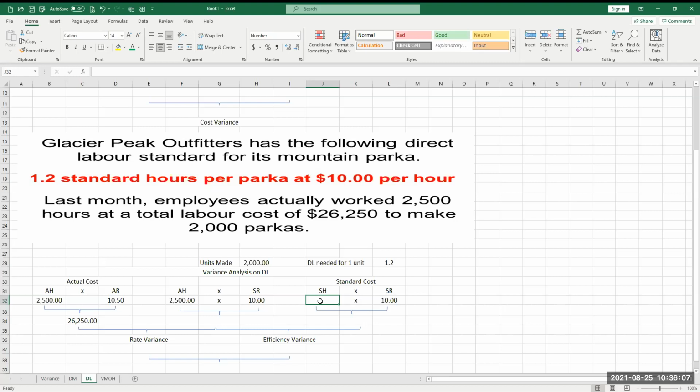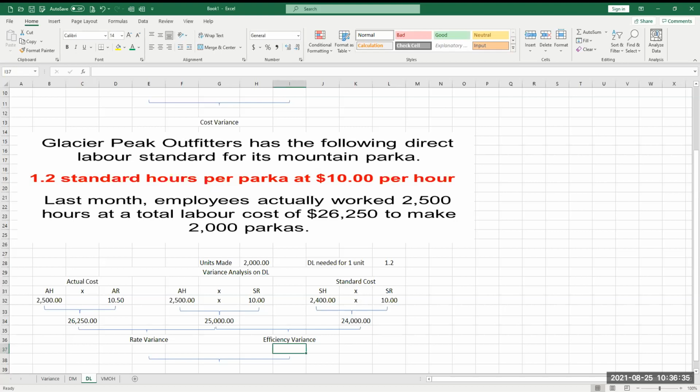That will be 2,000 times 1.2. So do I have all the information to calculate those numbers? Yes. Obviously, this number will be this one times $10, and this one will be equal to this one times that one.